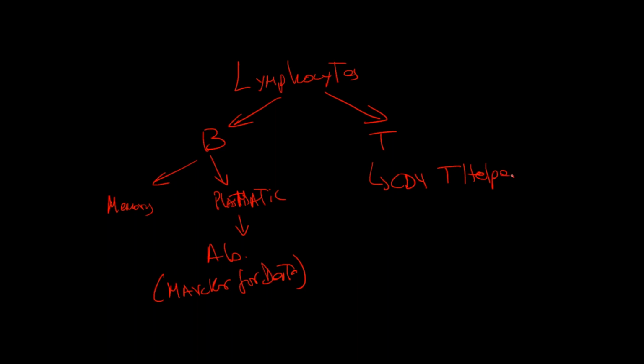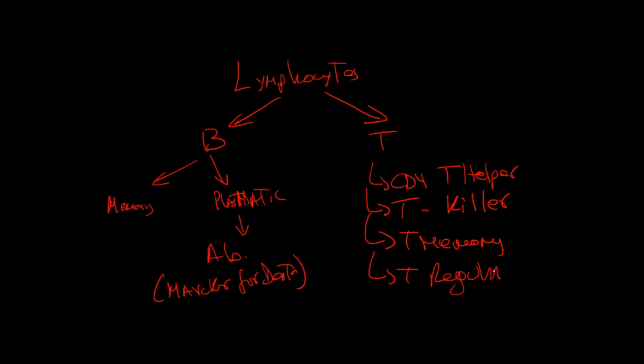We have the CD8. Okay, forget about CD8. We are going to call them the T killer cells or cytotoxic. Then we have the T memory cells, and the T regulator.